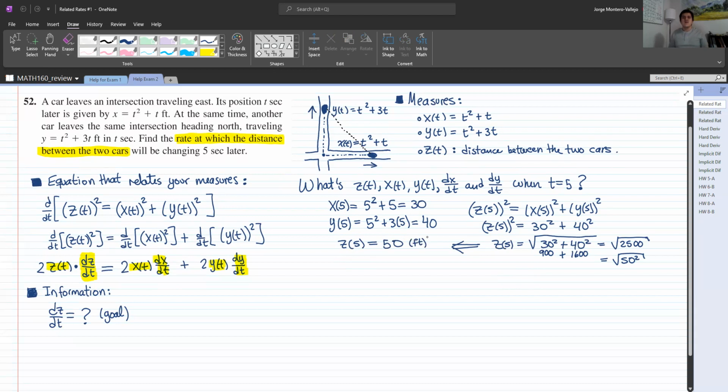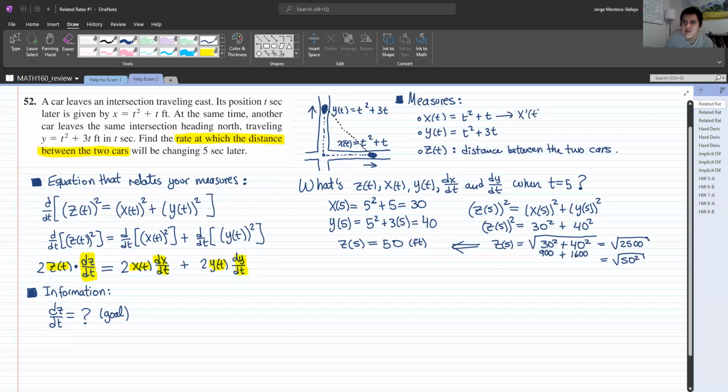Okay, so we have 3 of the 5 things that we need to know, right? Okay, so dx/dt and dy/dt are the velocities. What are the velocities when t is equal to 5? Well, that we will get by taking the derivative of each.